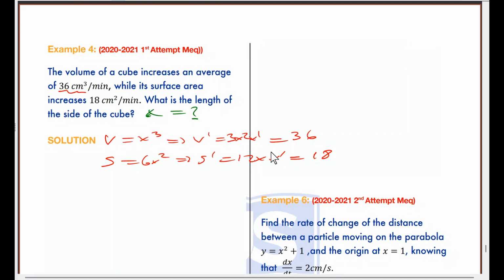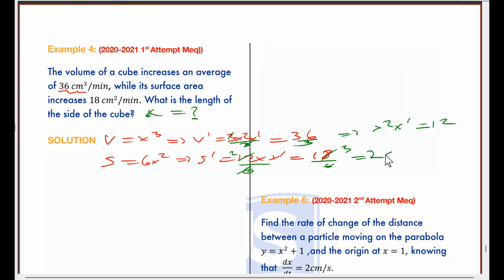All right, let's try to simplify, get something common. So here I have simplification. You can divide both sides by 3 and it becomes x squared x prime equals 12. Here we also have a simplification. We can divide both sides by let's say 6. Here you have 2, here you have 3.